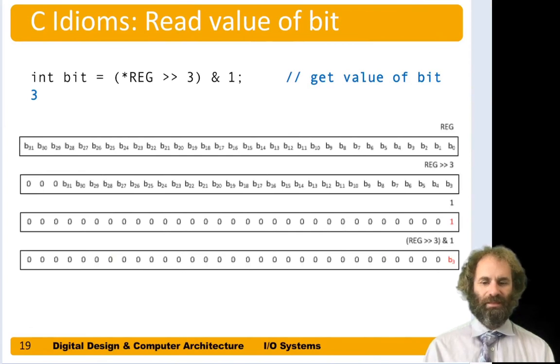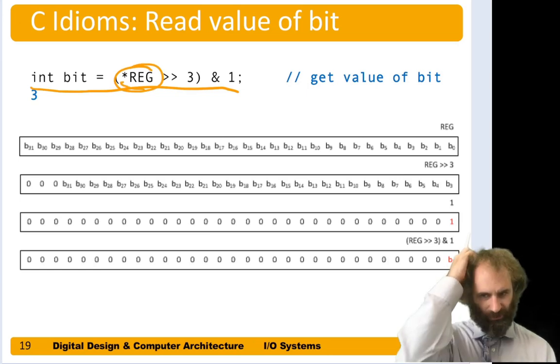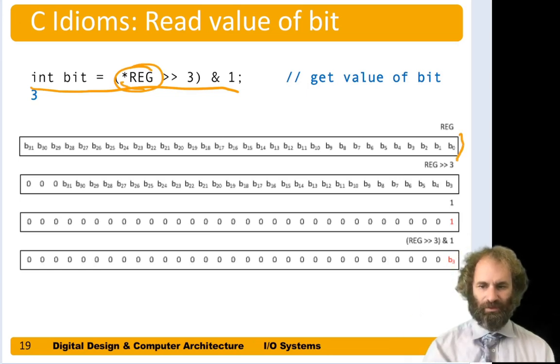Let's take a look at that in a little more detail. Let's say we wanted to read the value of the 3rd bit of a particular register. So we have the pointer of the register, we dereference that pointer, and we come out with this 32-bit value. If we then shift it right by 3, bit 3 goes into the bottom position, the other bits move over, and we're left with zeros in the top.